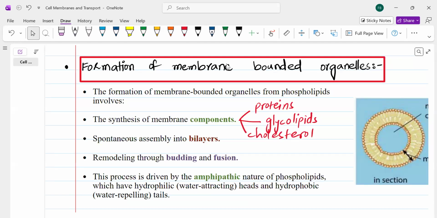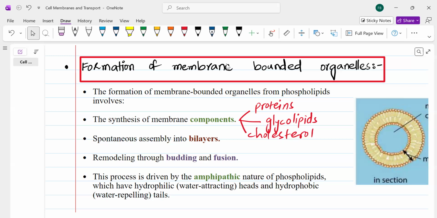The first is the synthesis of membrane components. The proteins, the glycolipid, cholesterol, and phospholipid are formed, and they assemble into bilayers, then go through remodeling through budding and fusion. And what is budding?